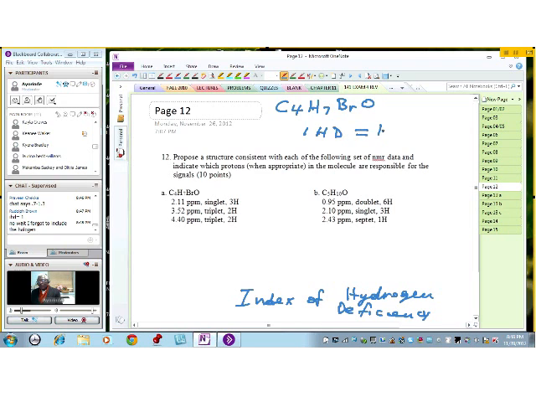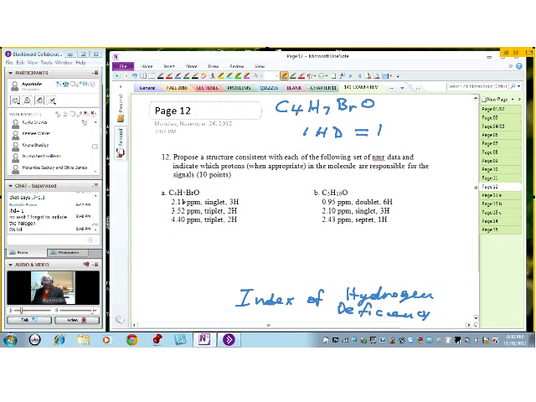IHD, index of hydrogen deficiency, will be 1. Okay, now, I will take a very close look at this. Wait, I forgot to include the halogen. Okay, so now we have C4H7, bromine, and oxygen.